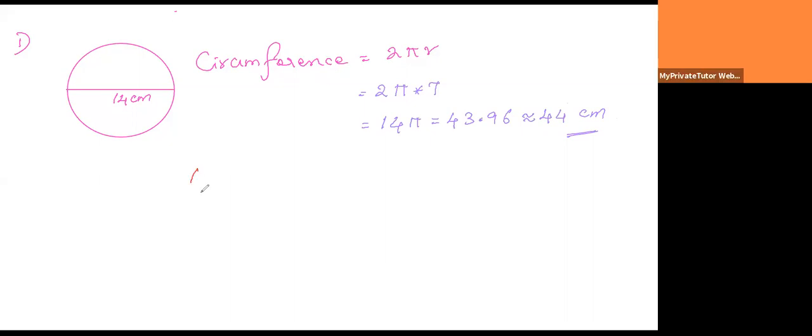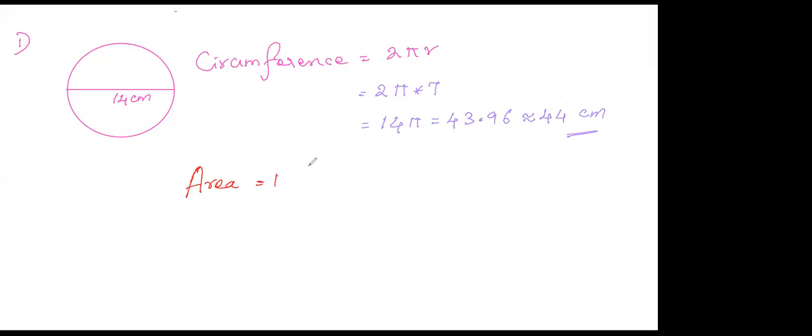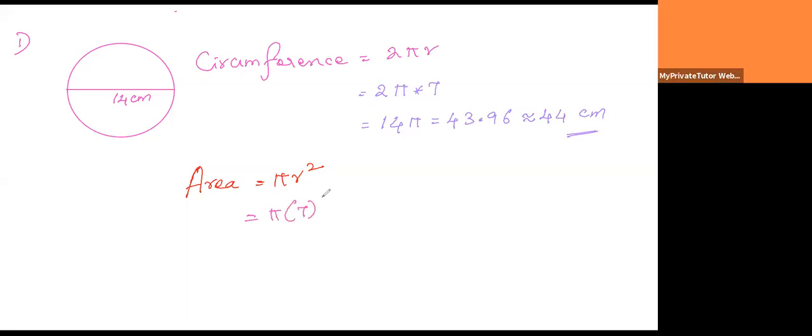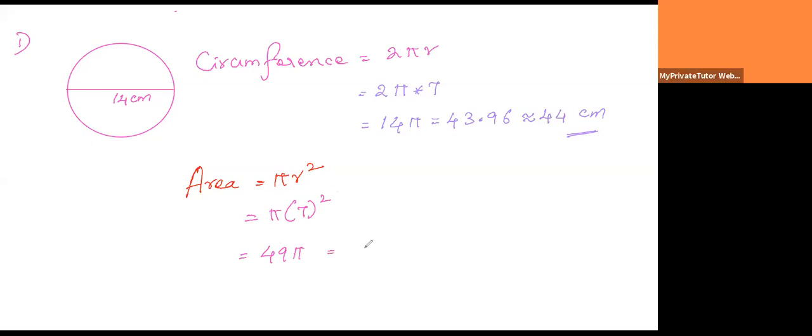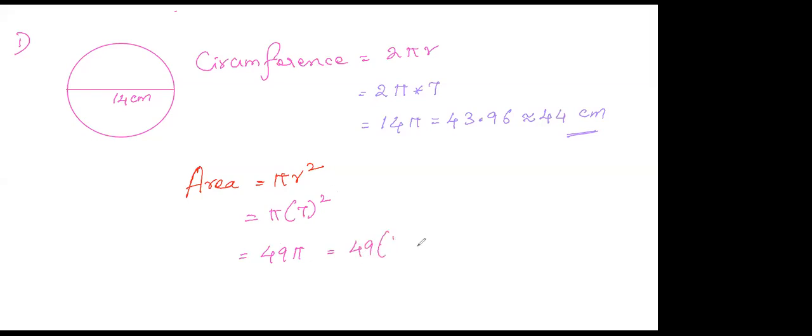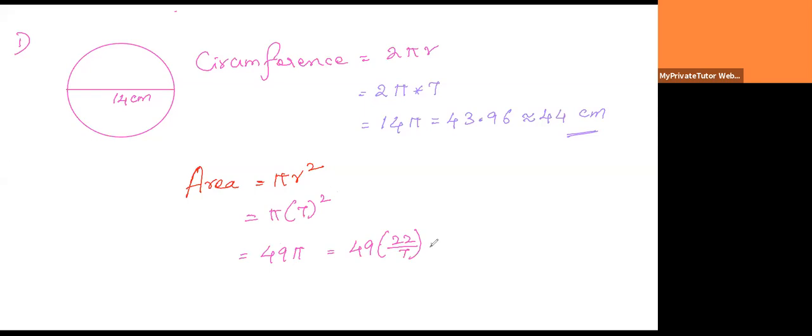So can we solve area quickly? Yes, the formula is pi r squared. Pi times 7 squared, 49 pi. If they ask you to write it as a decimal answer, the pi value is 3.14, or else you can use 22 by 7.